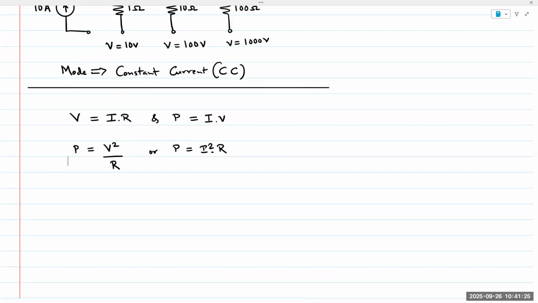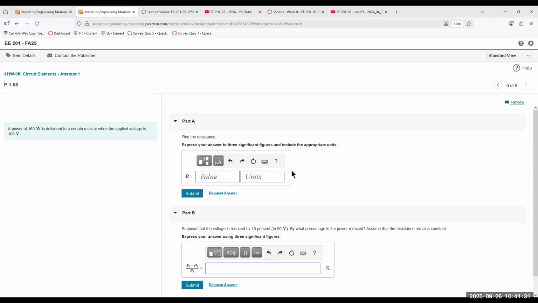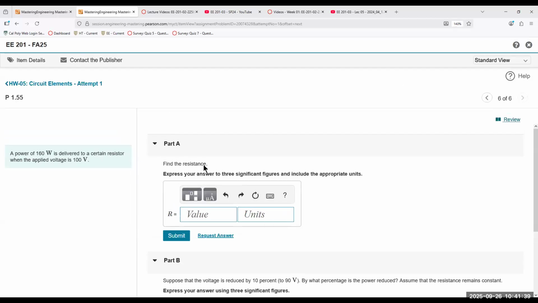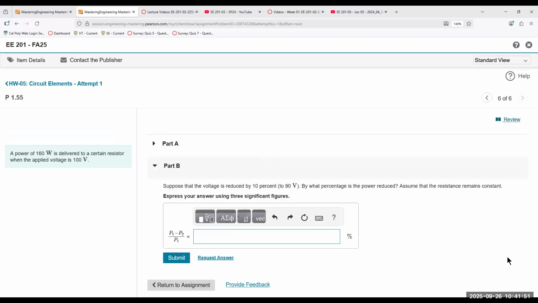So the standard procedure to determine this, I'm sorry, not homework, this question, would be, first we apply the equation P equals V squared over R, and we can find the resistance from there. That's 160, and then we have 100. So it would be 10,000 divided by 160. That would give us the resistance. And from there, resistance, of course, does not change.